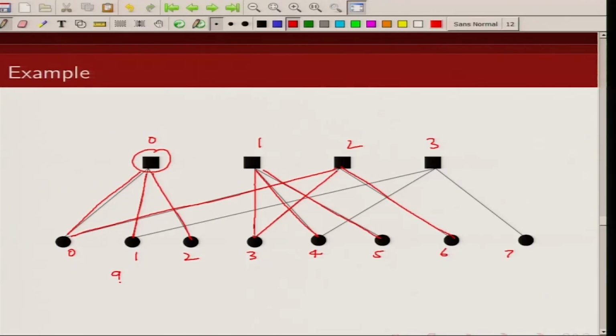You need to compute Q00 because you are sending a message from the 0th node to the 0th parity check. You need to compute Q02 because you are sending a message from the 0th bit to the second parity check. You need to compute Q10.